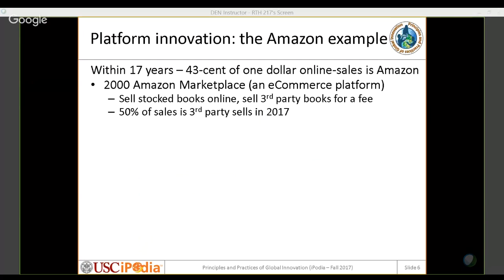So what happened is, not only did they sell the books, which basically they buy, put in inventory, and sell, they also allow third parties to sell their own books. In other words, they don't even need to own the inventory. You just need to tell them what books you have. Again, books are easy to do that, right? So the Amazon strategy is very smart. They always try to use an easy thing to learn how to do it fast.